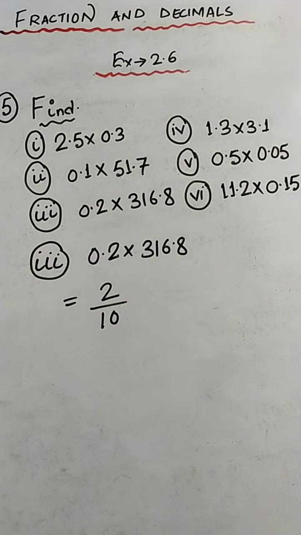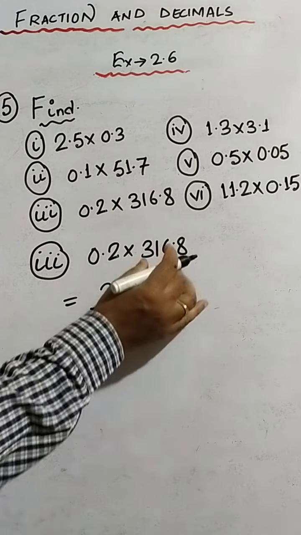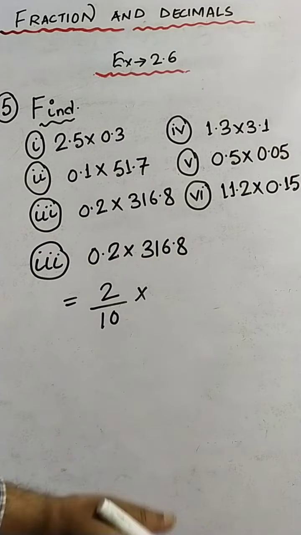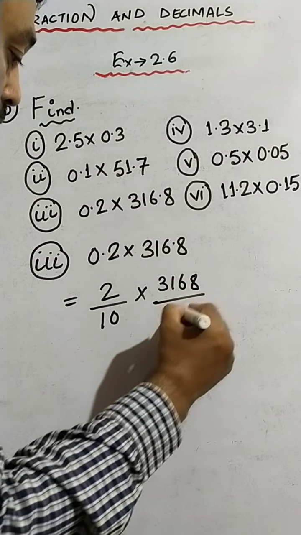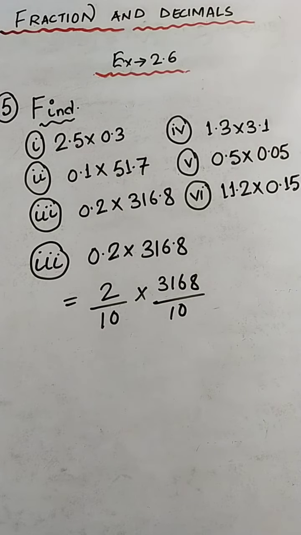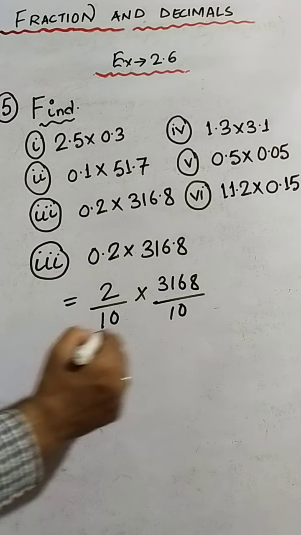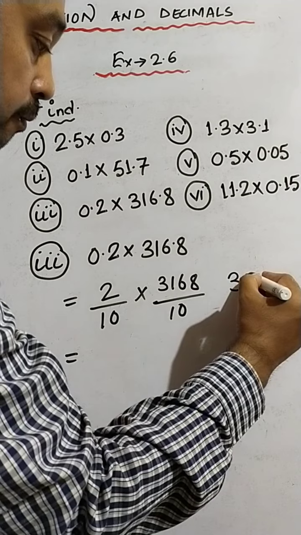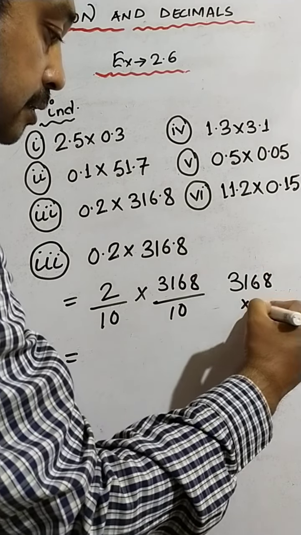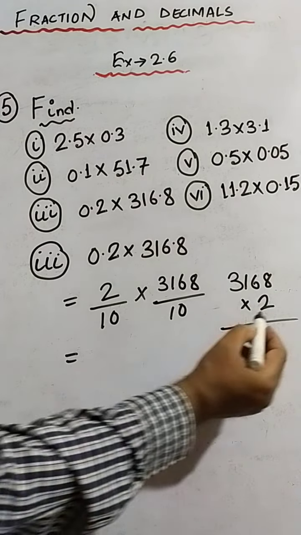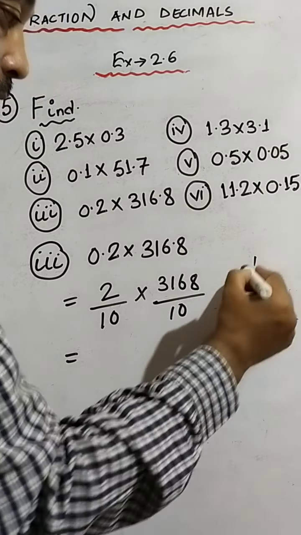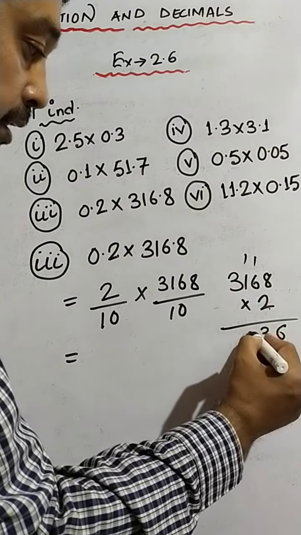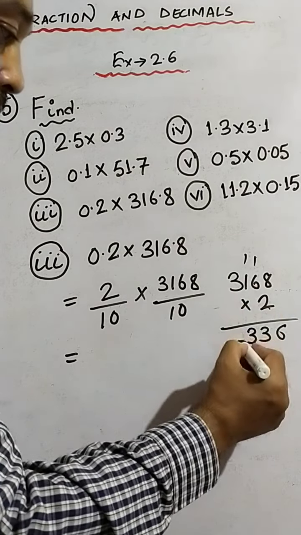And what is the next number we have? We have 316.8, isn't it? So we'll also convert this number into fractional form. It will look like 3168 by 10. Now just multiply it. 3168 into 2: 2 8s are 16; 2 6s are 12 plus 1, 13; 2 1s are 2 plus 1, 3; 3 2s are 6.